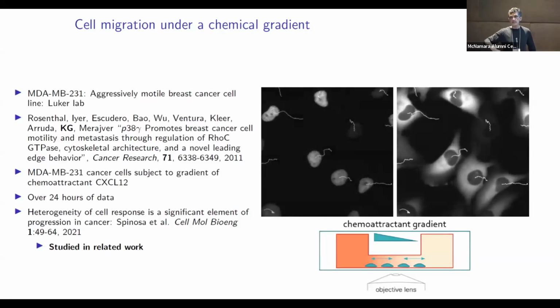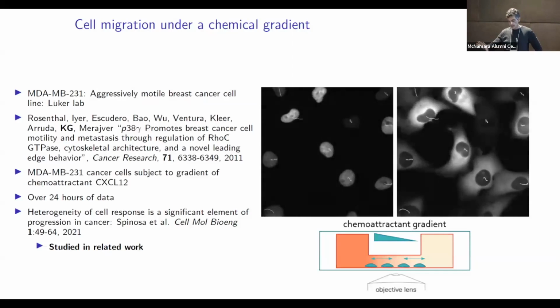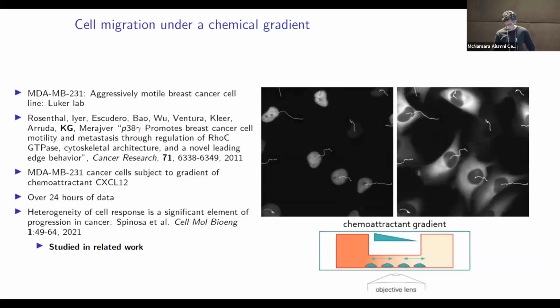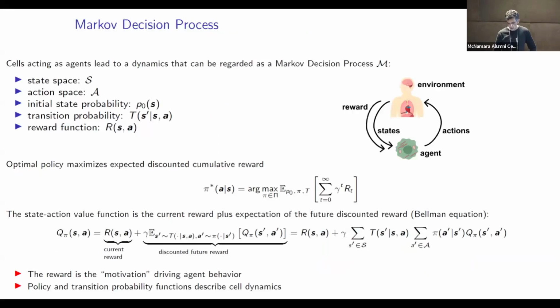This idea of cells behaving as agents now takes us to a slightly different approach here. And over the next few slides, I'm going to take this approach of Markov processes, the Markov decision processes, right? This may be familiar to many people here, but I'll just introduce this. The idea is that you take each agent. Now, this is a cell. Each cell is an agent. It lives in a certain state action space, right?